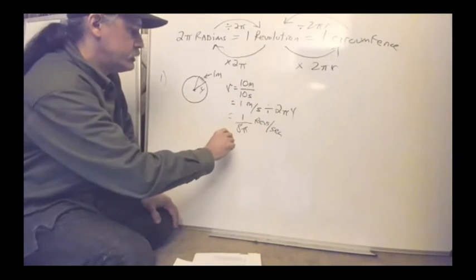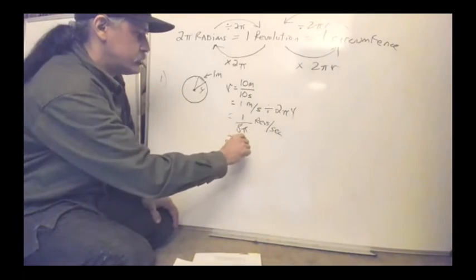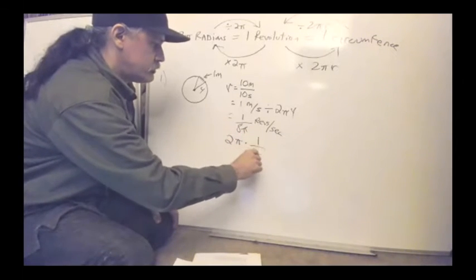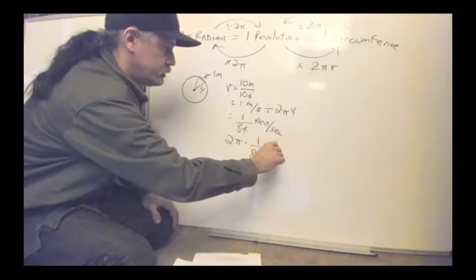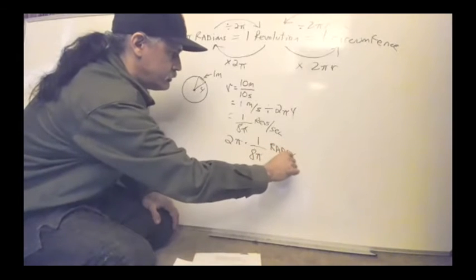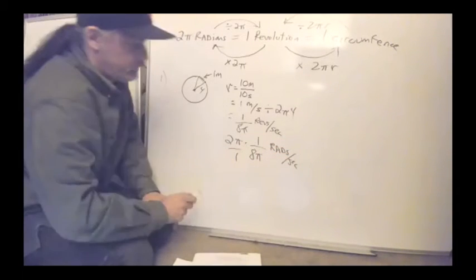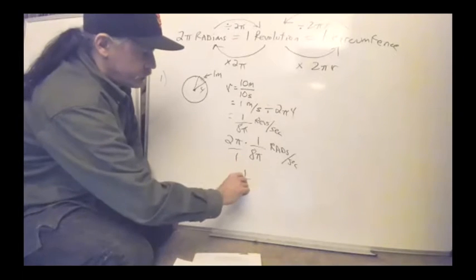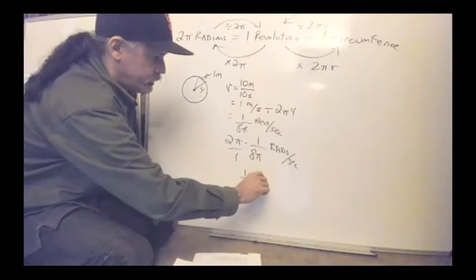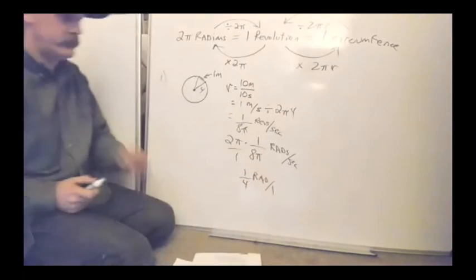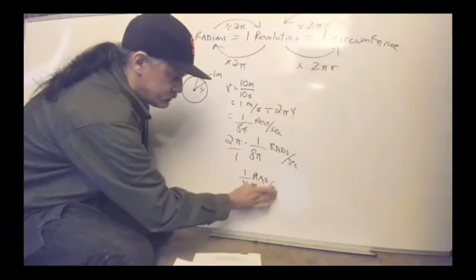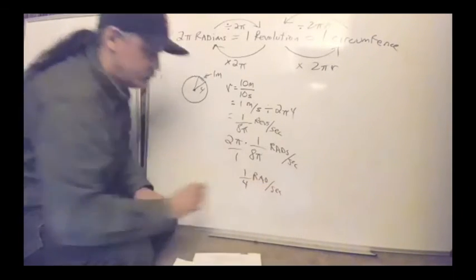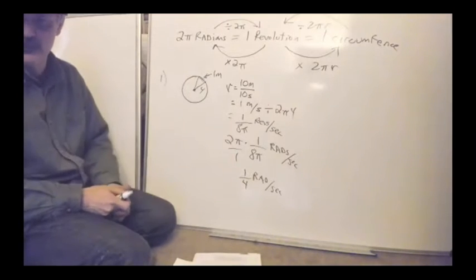So then 2 pi times this would be rads per second. And when you simplify that, it's 1/4. So 1/4 radian in 1 second. Or you could say 1 radian in 4 seconds if you wanted.